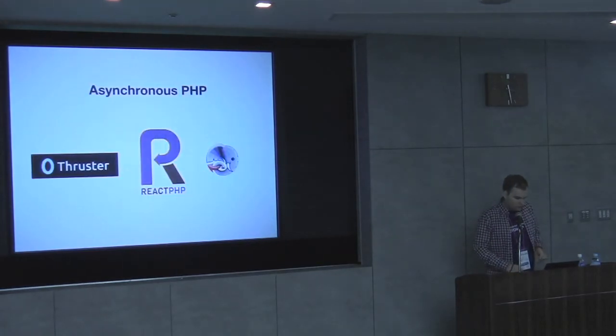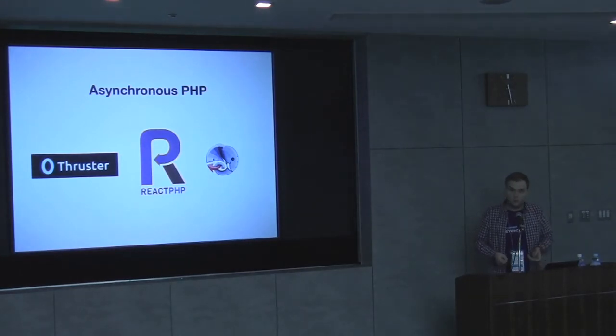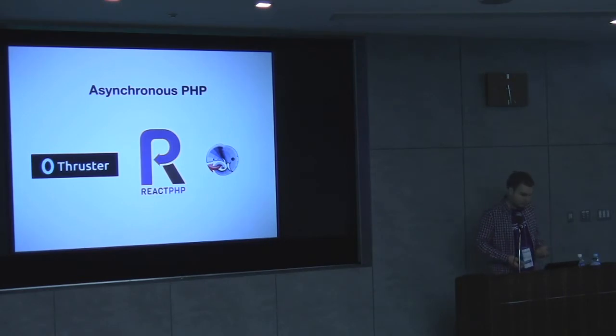So I'm only going to talk about ReactPHP in this talk, because there are way too many asynchronous frameworks, and ReactPHP is probably the most popular right now. Asynchronous PHP is a similar thing to Node.js, because Node.js is mostly asynchronous functions, and it uses an event loop internally.